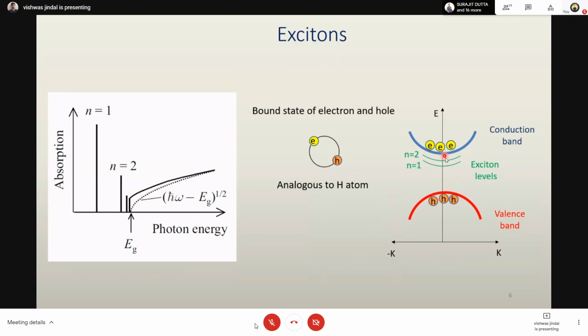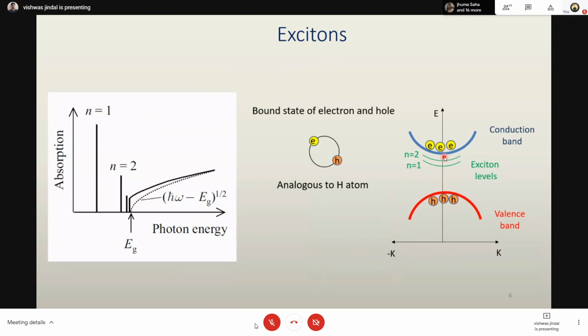So this, let's say, is the band gap E_g. The binding energy will be E_g minus this, so this is actually the binding energy. You're taking the energy from the conduction band: how much it is below the bottom of the conduction band is the measure of the binding energy.